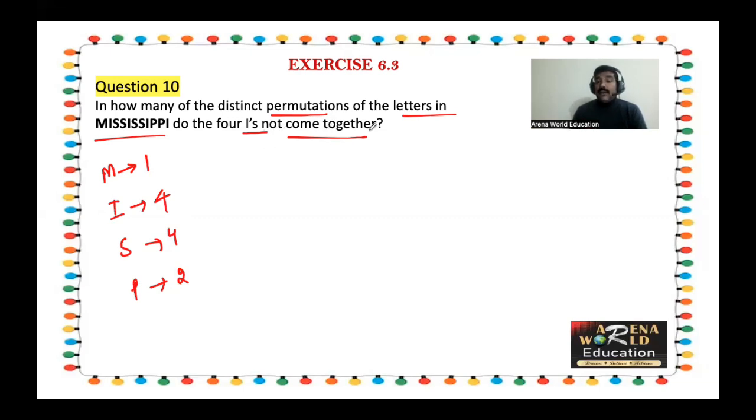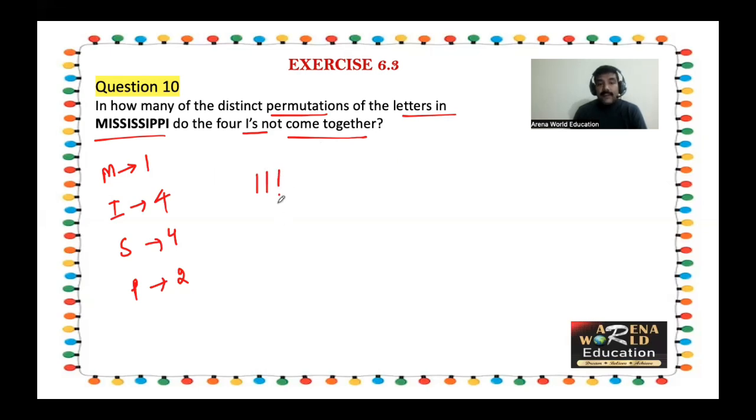4 I's not coming together plus 4 I's coming together is equal to the total number of permutations. Right? So what we will do, first of all, we will find the total. So the total number of words with or without meaning we can make with the help of Mississippi, how many letters are there? 11.